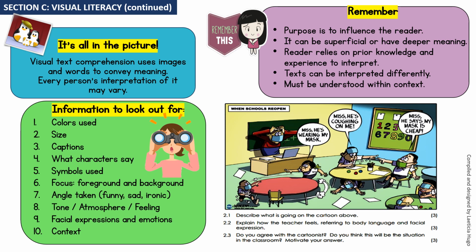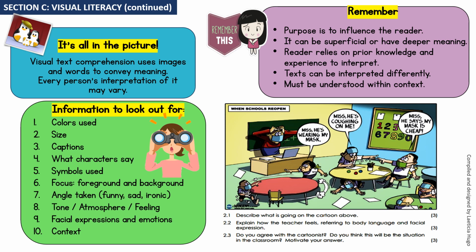Then, very, very important, number 9, the facial expressions and emotions. So if you look at the teacher, you will be able to tell just by her facial expression that she is tired or it's just a very crazy atmosphere around her, so she feels overwhelmed, for example.